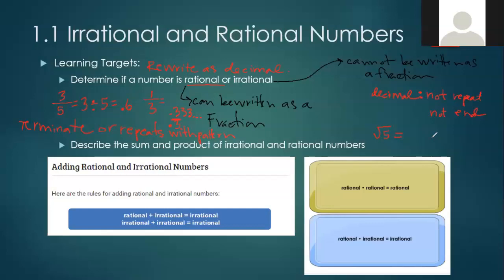If you are using a cell phone, turn it this way, and it gives you a scientific calculator. Really important at this age when you are in algebra that you're using your resources. Calculator is a resource you have available to you in this class. Use it.